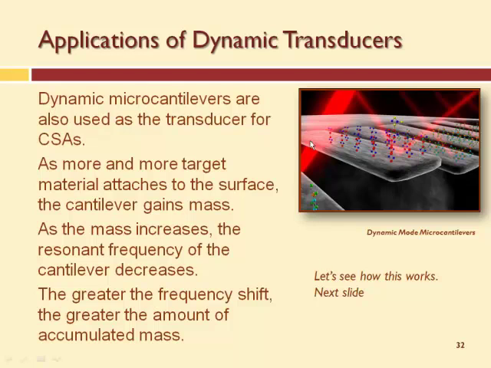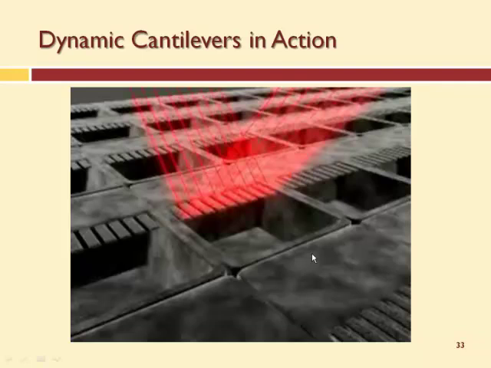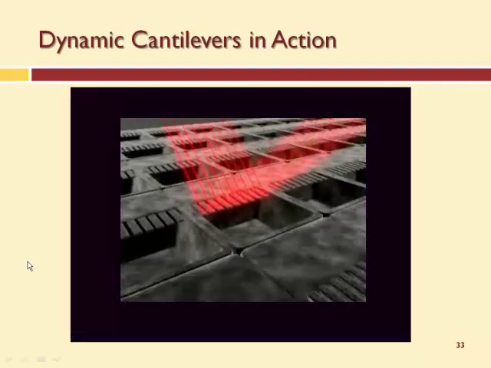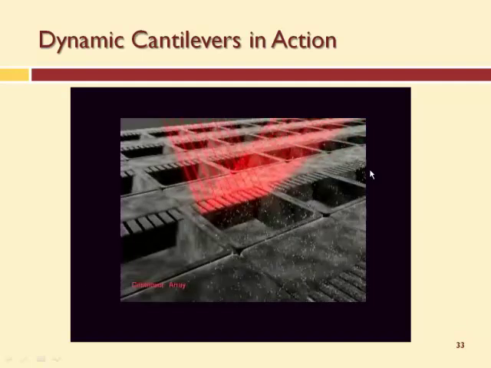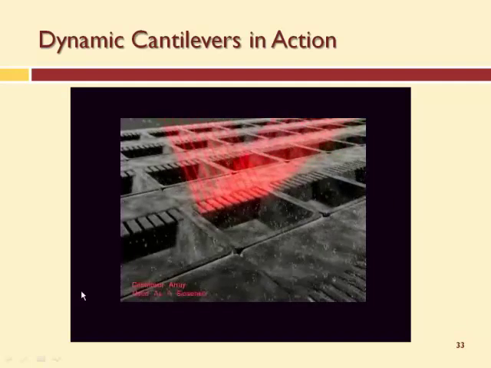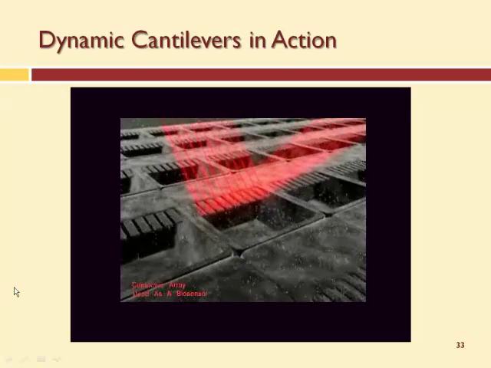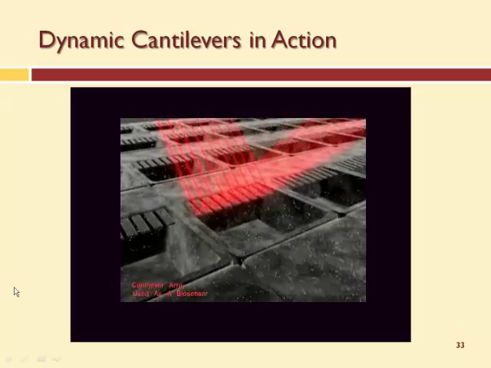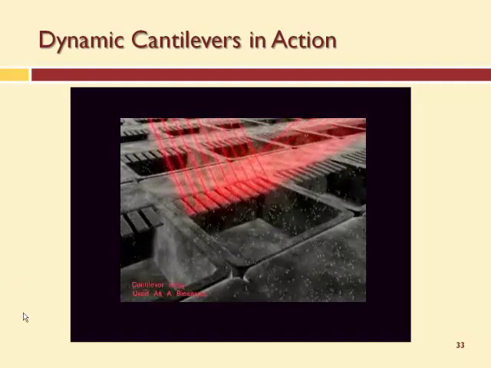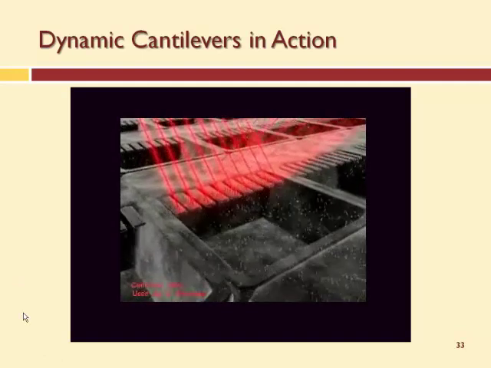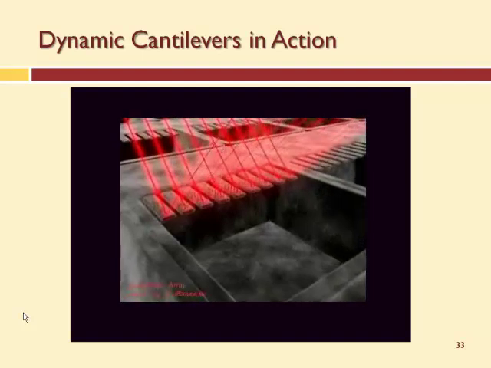If you add mass to one of these cantilevers, the vibrational mode will shift. And we have a video. We can see a flow of molecules going across the cantilevers, and then all of a sudden one of them changes because a target molecule got stuck to that specific cantilever.